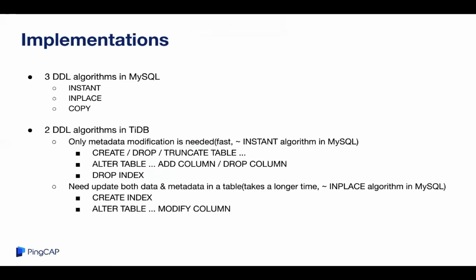Jobs in different queues of different types can run concurrently, but if you have multiple jobs of the same type, they will be queued. For example, if you are adding an index on one table and you want to add another index, it must wait for the first job to finish.